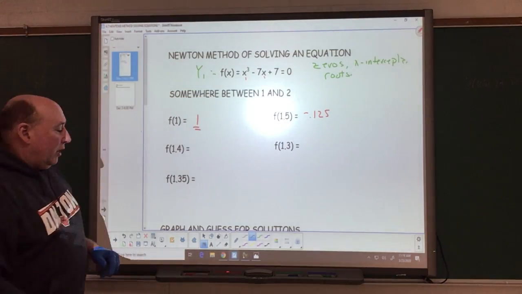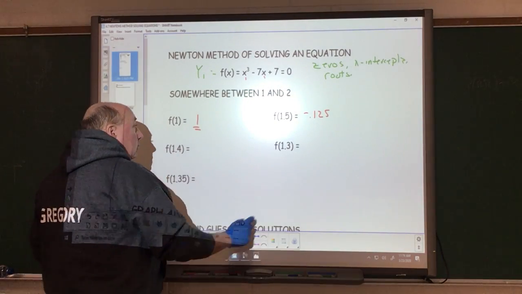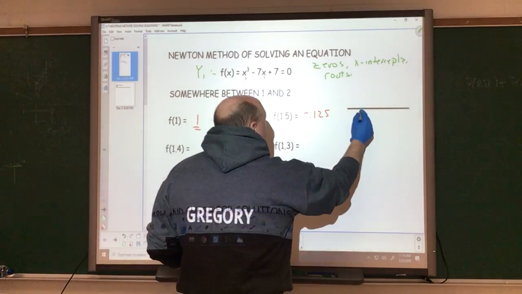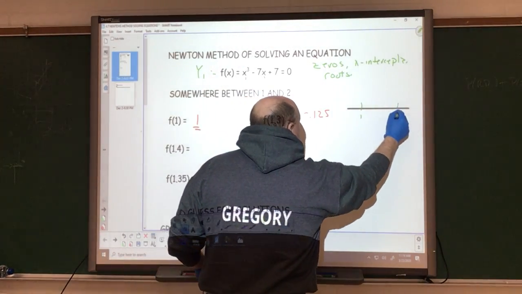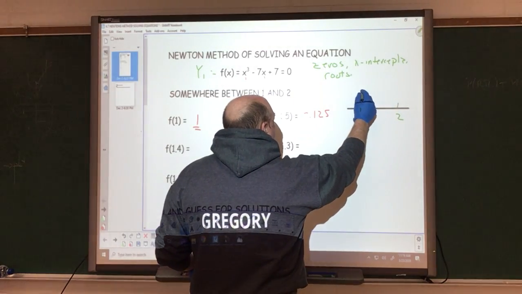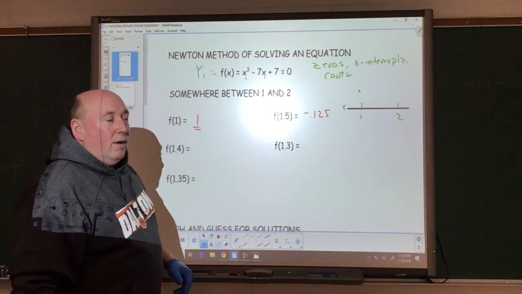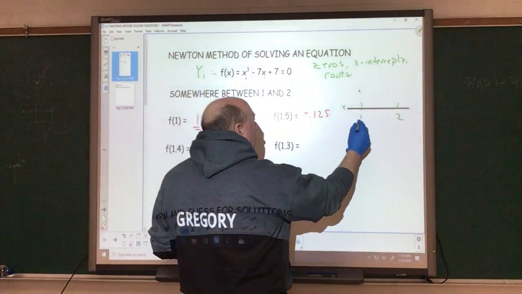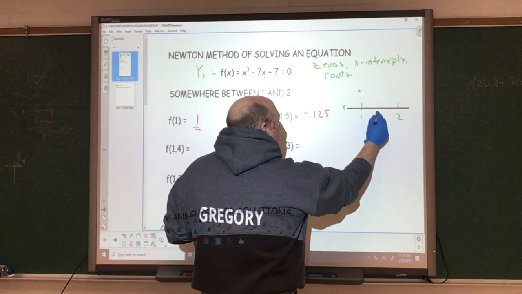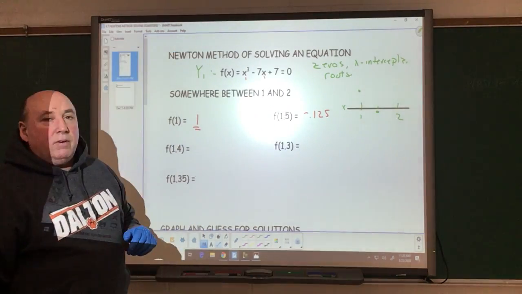So if we take a look at our graph, between the value of 1 and the value of 2, if I put in a value of 1, these are my x values, I'm up here at a y value of 1. If I put in a value of 1.5, I'm below my x-axis at negative 0.125.